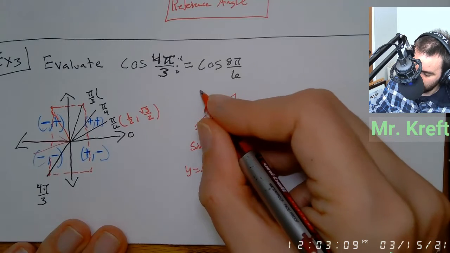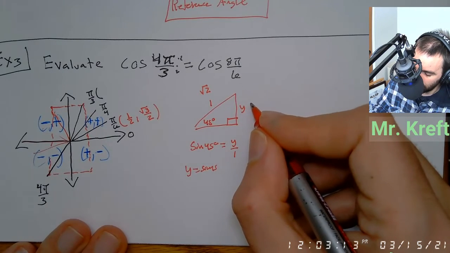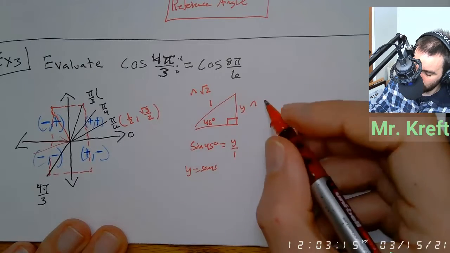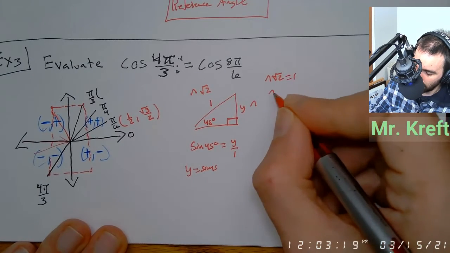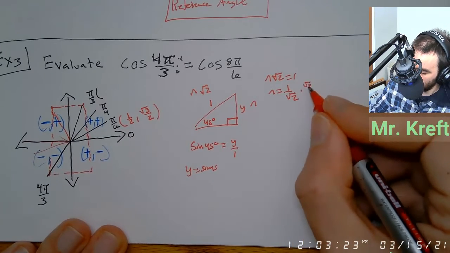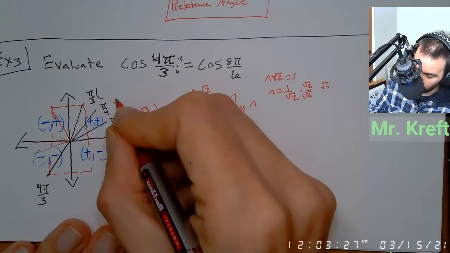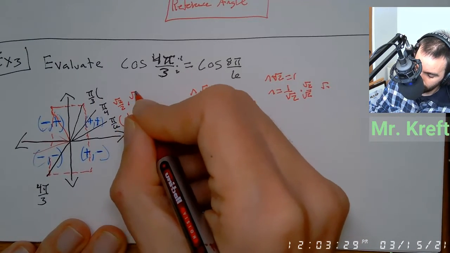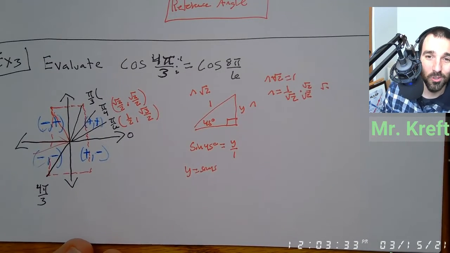It's a special right triangle, so this side is root 2 times longer than the short side. So if this is n, and this is n root 2, then n root 2 equals 1, so n equals 1 over root 2, and then I multiply by root 2 over root 2, and I get root 2 over 2. Okay, so this is root 2 over 2. If you don't know what I was just doing there, I was just using special right triangles. That's where this comes from.